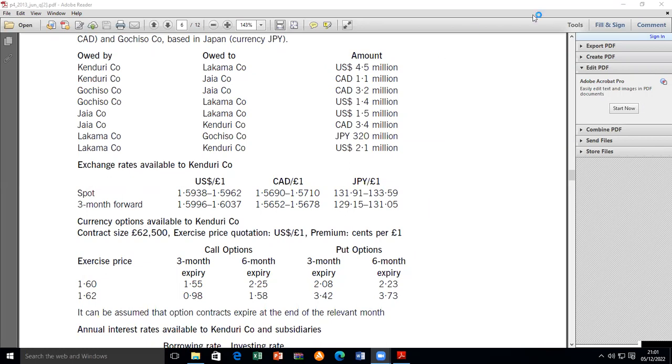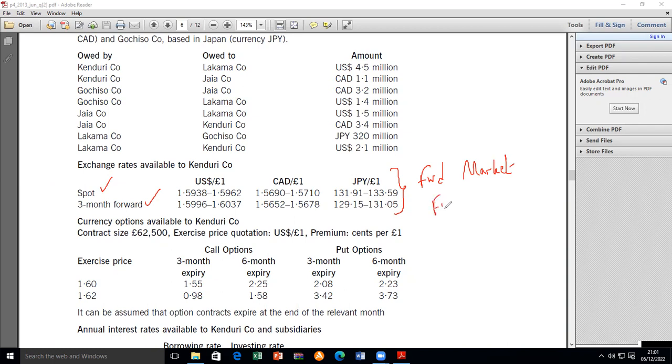This tells you that there are forward contracts, the spot rate and 3 months rate. So this information tells you that the forward contracts are available, or the forward market is there.